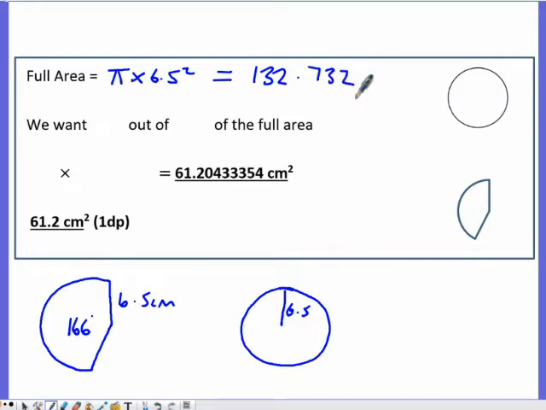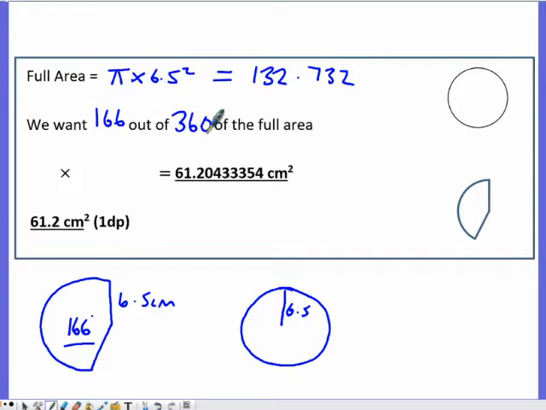That's the full area of the circle, but we don't want the full area. The full circle is 360 degrees. We only want 166 of this. So like we did before, we're going to say the proportion that we want is 166 out of the full 360.